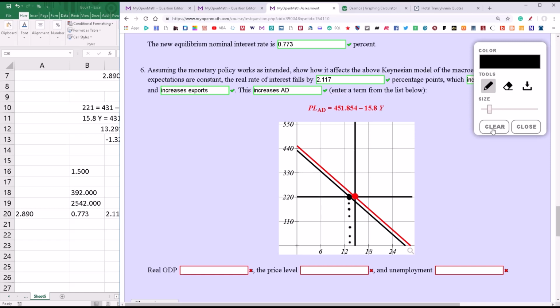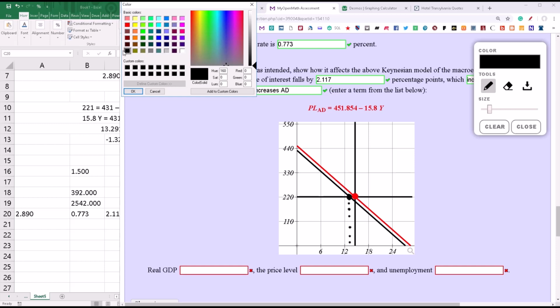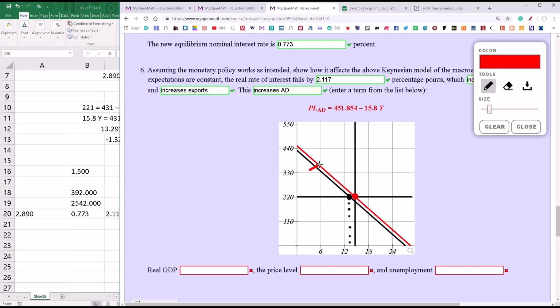The decrease in the real rate of interest caused by the decrease in the nominal rate of interest, which was caused by the decrease in the federal funds rate and the increase in reserves, well, that shifts aggregate demand from black to red. Shifts it out, right? Aggregate demand shifts out.